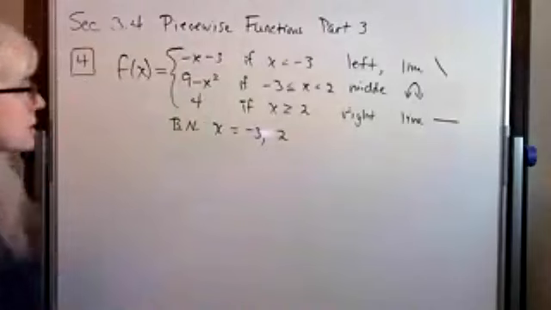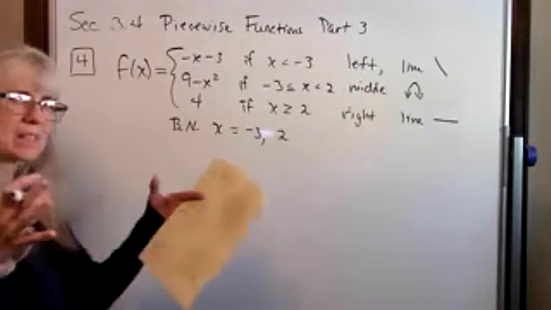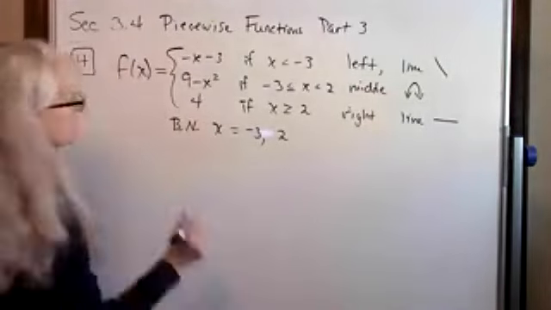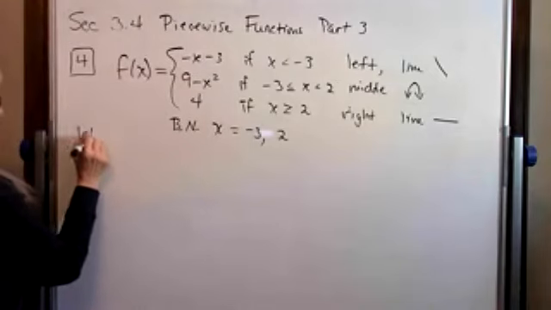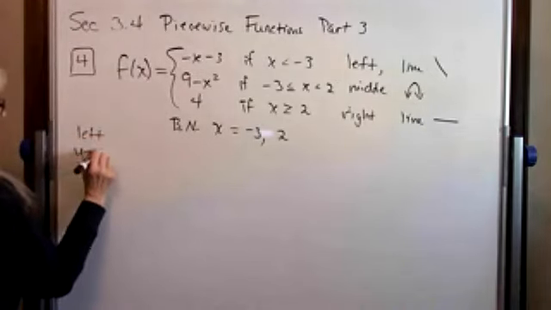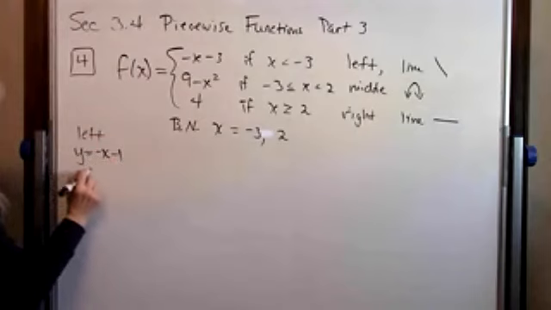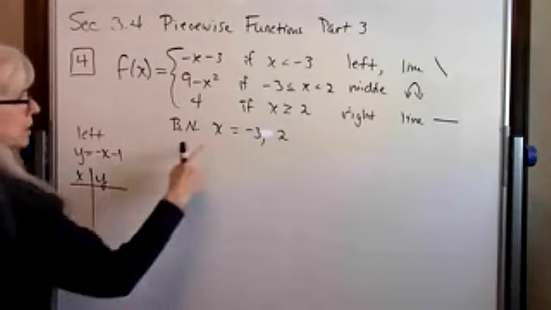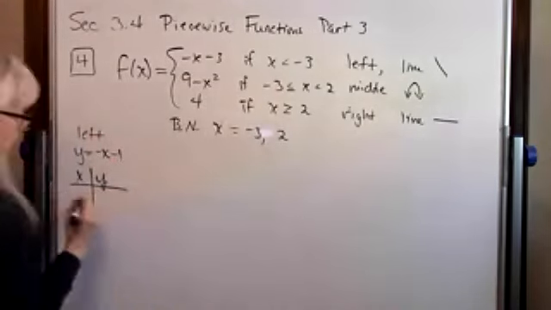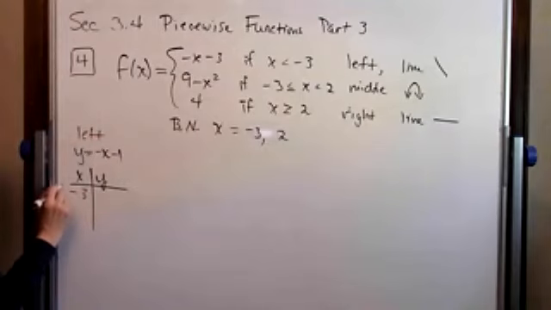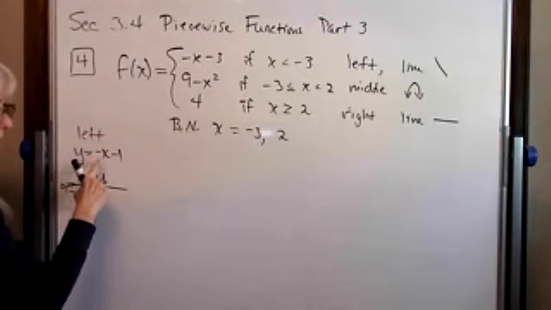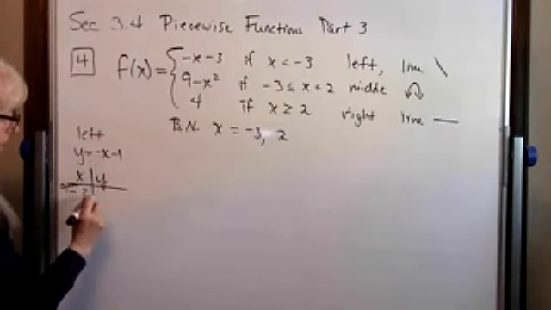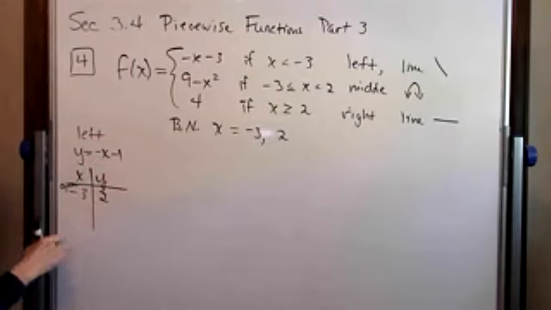Okay, so there's our analysis. When we're all done, we should be mashing these pieces together. So let's start off with the left side. That's that y equal -x minus 3. Again, when I build my table, first thing I'm going to do is use its boundary number, which is -3. And it is open. Squeeze it in there. So -3. So the opposite of -3 is a +3. Minus 3 gives me a 0. I need another number just to get a nice picture.